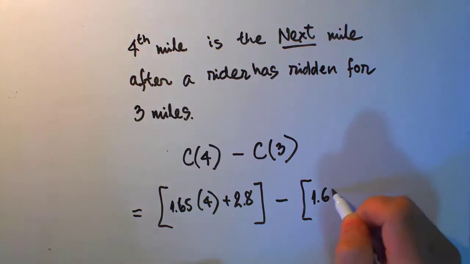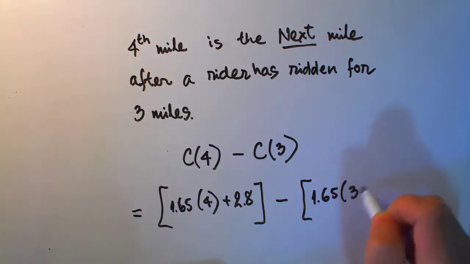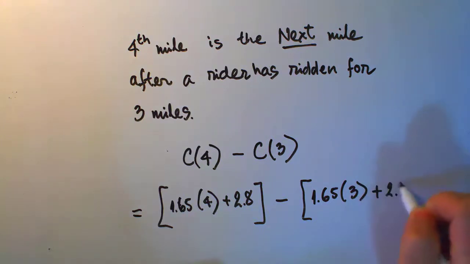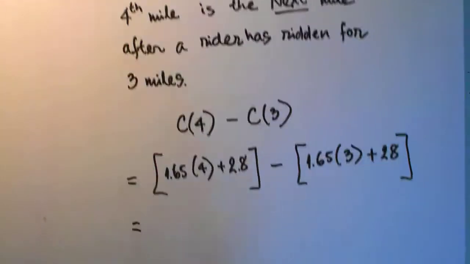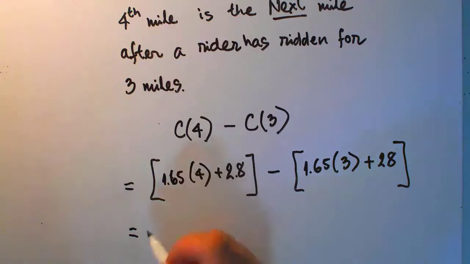So 1.65 multiplied with 3 plus 2.8. And calculation turns out to be 1.65.